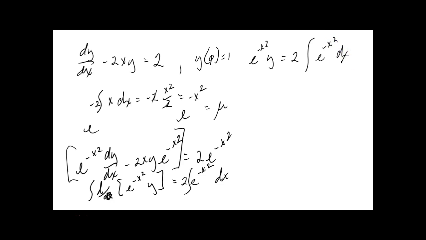You can't solve that. That is a non-elementary integral. There's no analytic solution. But it's akin to the error function. All you need is a 1 over root pi. And that would be exactly your error function if you're going from 0 to x.